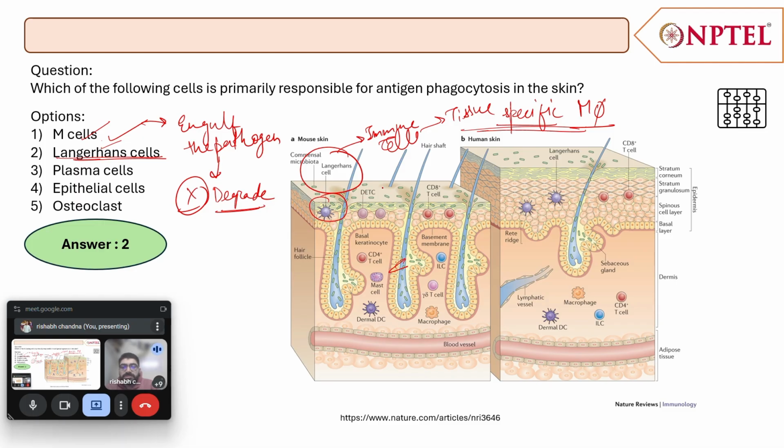Okay, as we can see here, this is a mouse skin and this is a human skin. And this epithelium is more in the human skin as compared to the mouse skin. And these Langerhans cells are present in this epithelium. So these are tissue associated macrophages present in the epithelium of the skin.